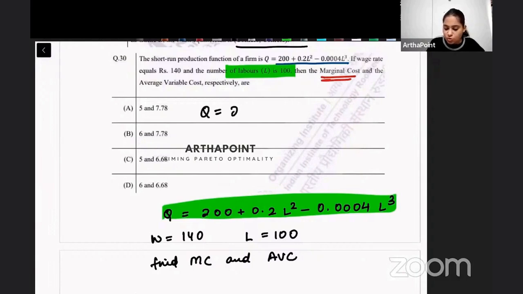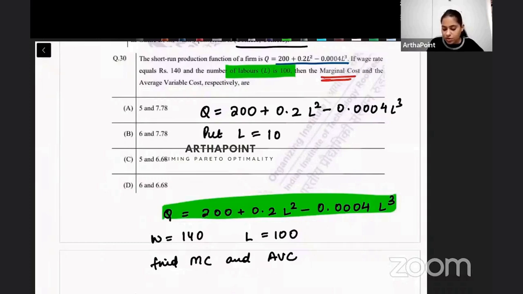Q is equal to 200 plus 0.2 L square minus 0.0004 L cube. Put L equal to 100. So in here you will get 100, here 100. You will get the value of Q as 1800. Just put and check.